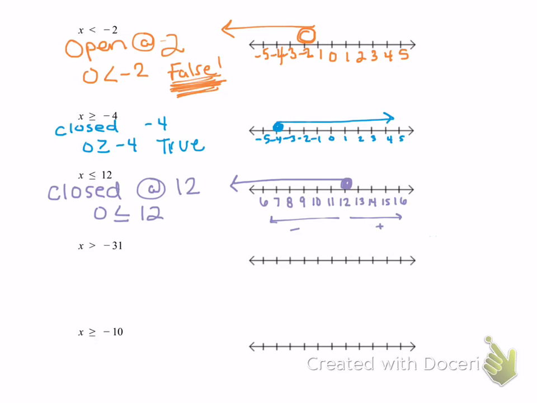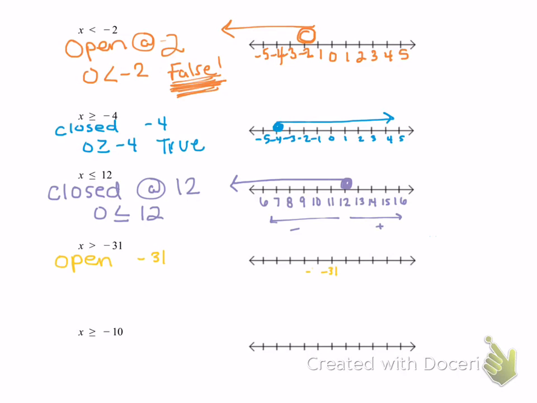All right, so for this one, we've got -31. So keep in mind, the inequality does not have a line under it, so that's going to be an open circle at -31. Well, let's plot -31 over here. And keep in mind, negative numbers are different.